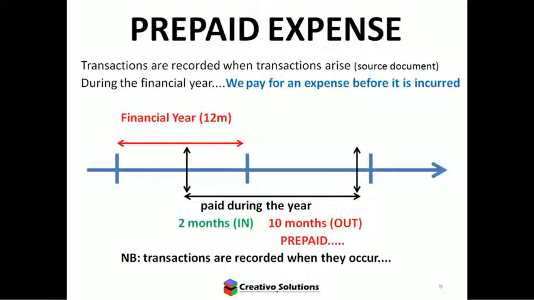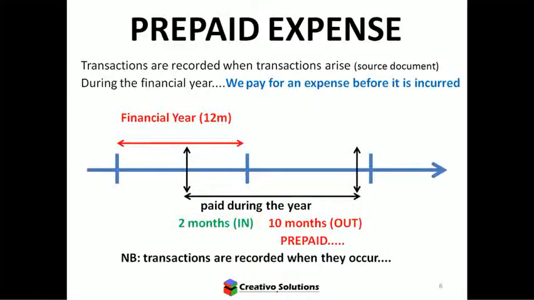Well, let's think about what the definition is for an expense. It's an outflow of benefit. So if I'm looking at the current financial year, which is 12 months long, do those 12 months have any expense that relate to it? Yes. 2 months relate to those 12 months, and therefore the 2 months that are inside the financial year will be recorded as an expense.